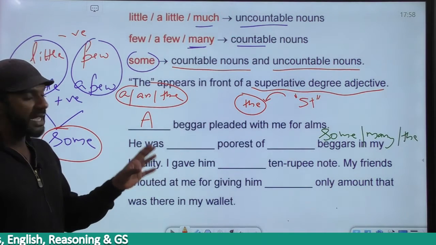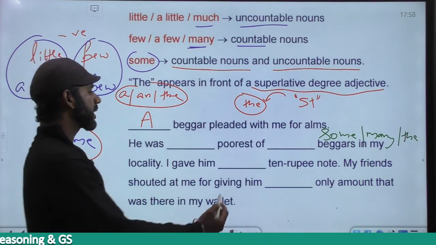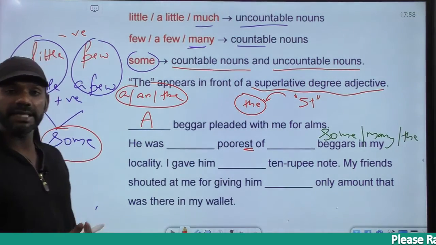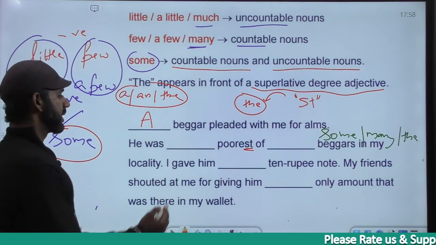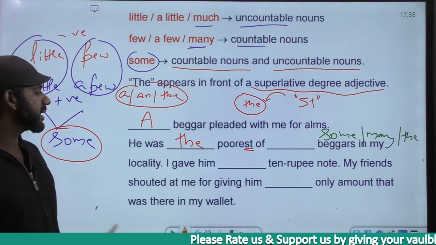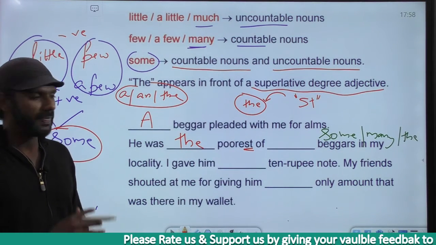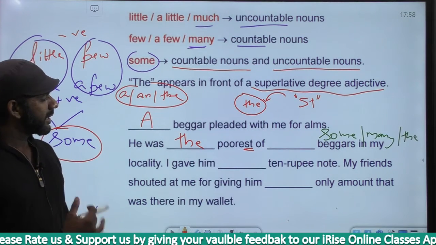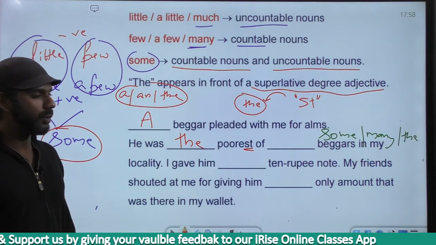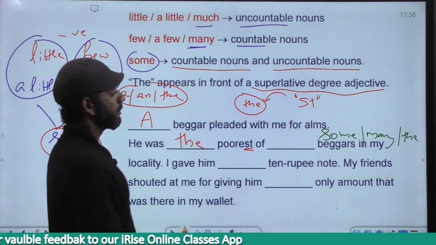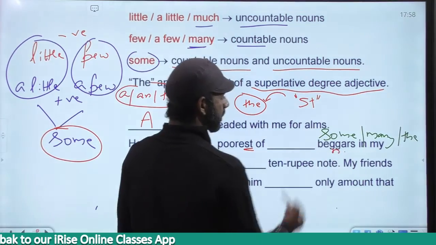He was dash poorest. Poorest is a superlative degree adjective. In front of a superlative degree adjective, it must be the. So he was the poorest of dash beggars in my locality. Some beggars, many beggars, or the beggars. Beggars is a noun.